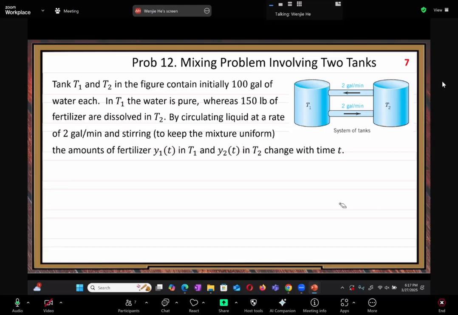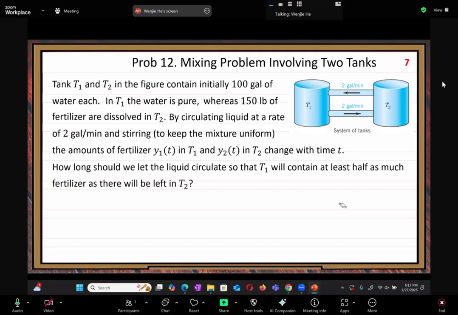Then the amount of fertilizers Y1 in T1 and Y2 in T2 change with time. How long should we let the liquid circulate so that T1 will contain at least half as much fertilizer as there will be left in T2?